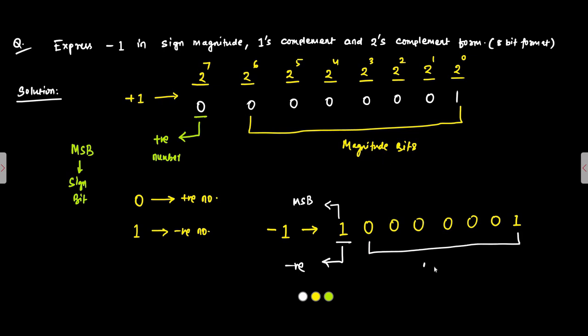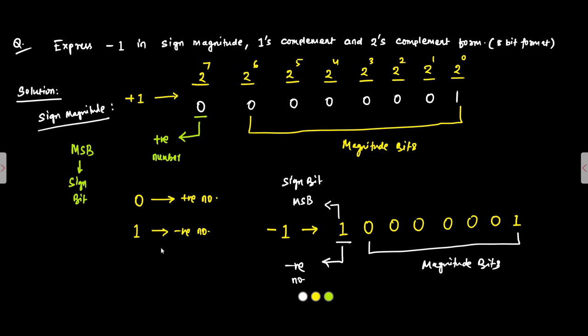In both cases the magnitude bits are the same, only the MSB or the sign bit changed, it reversed. Here it was 0 for the positive number, here it is 1 for the negative number, -1, and the magnitude bits remained the same. This is the sign magnitude form.